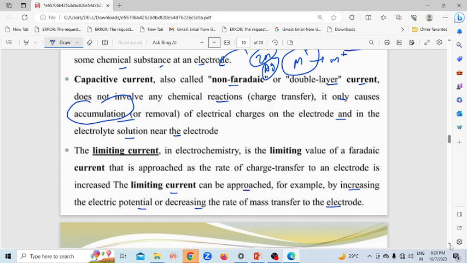Limiting current means that at a certain point the current will be limited. After that, if you increase the potential, the current will not increase. This point was also discussed last week. You are applying voltage, so the current should also increase, but after some time it will not increase. So it is known as the limiting current.